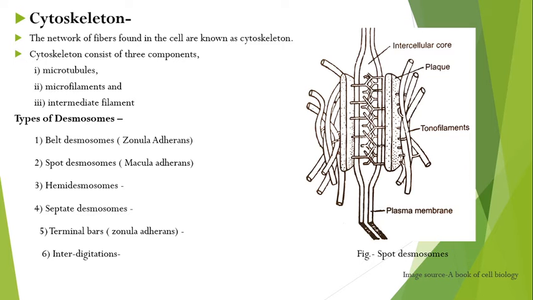So each desmosome has an anchoring site for intermediate filaments in the cell on both sides of the junction, thereby linking the intermediate filaments of adjacent cells and forming a continuous cytoskeleton network through the tissues.